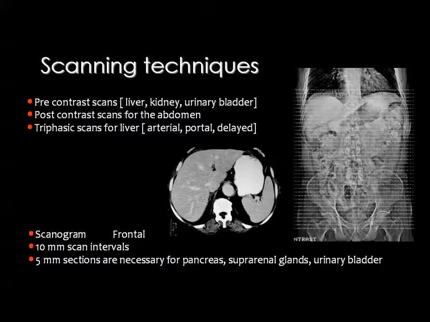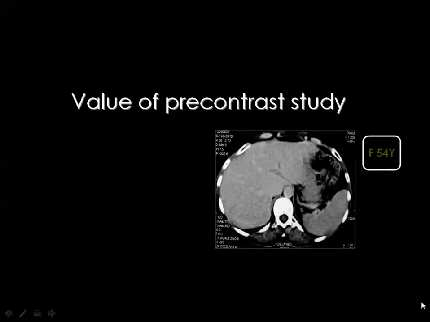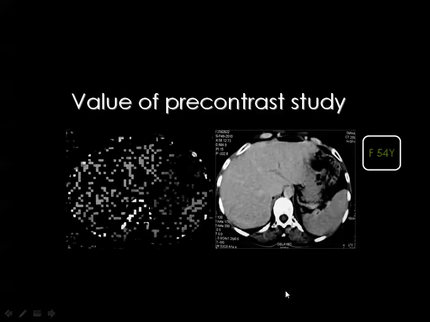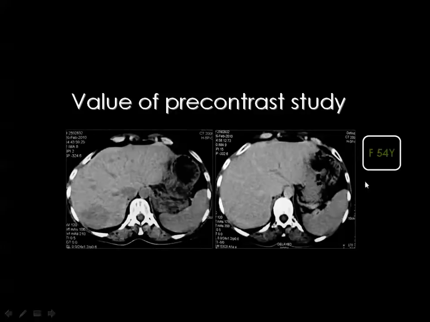Then we use, as I have said before, to have pre-contrast scans for the liver. Then we inject the contrast medium. And you remember that in the previous days when we started the examination after injection of contrast medium, we had some mistakes, missing some lesions, like in this case.